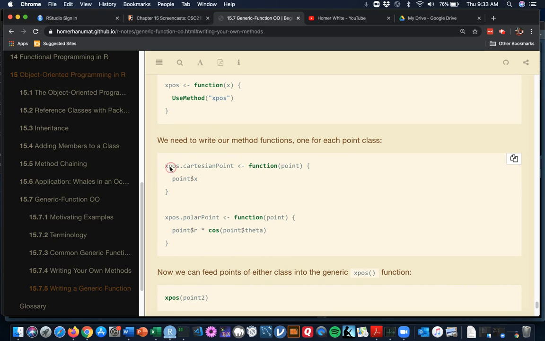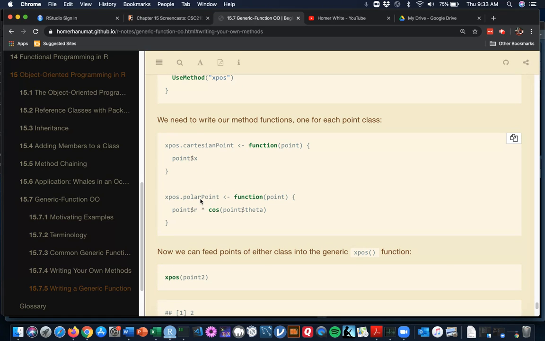So let's write xpos.CartesianPoint. That's a function of your point, and it's the element of that list that is named x. Remember, when a Cartesian point comes to you, it has x and y elements, and we're grabbing the x element. On the other hand, what if the object is of class polar point?